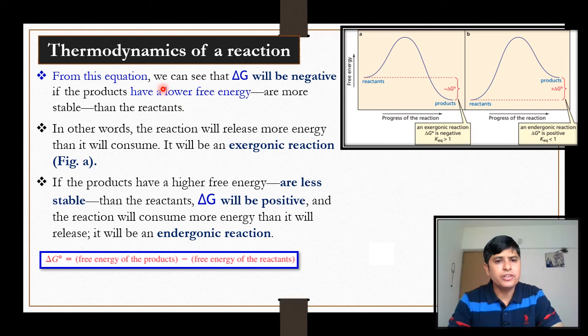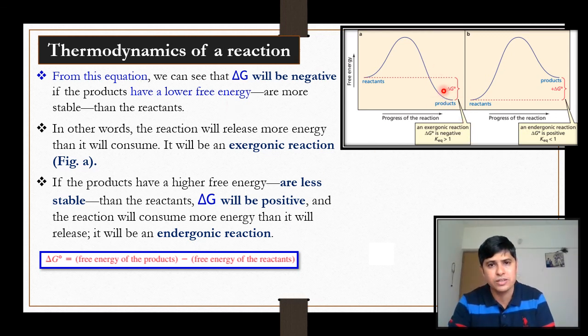In continuation of the last slide, from this equation delta G naught is equal to the free energy of products minus the free energy of reactant. From this equation, we can say that delta G will be negative if products have lower energy.